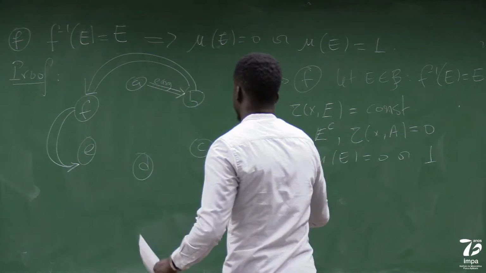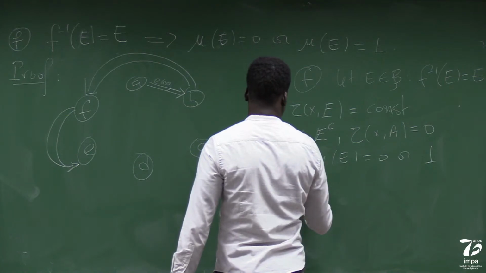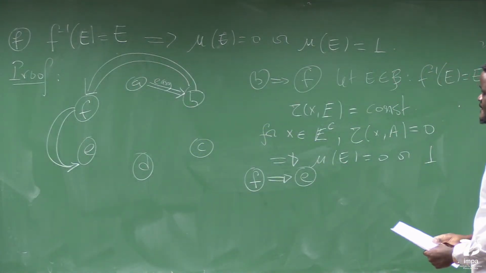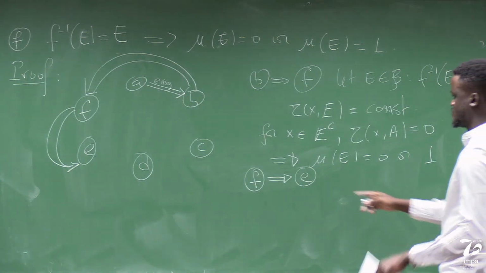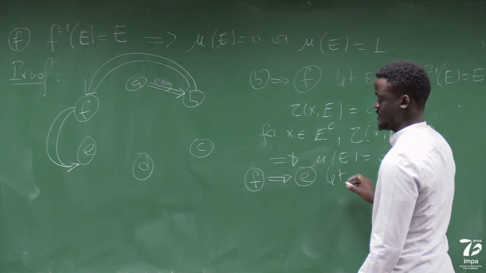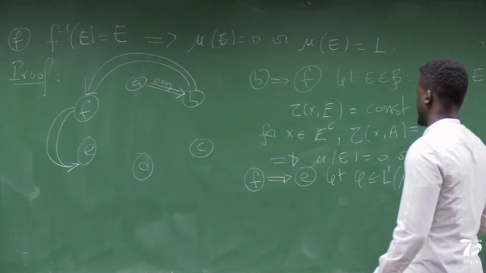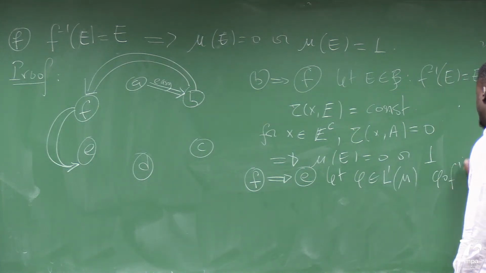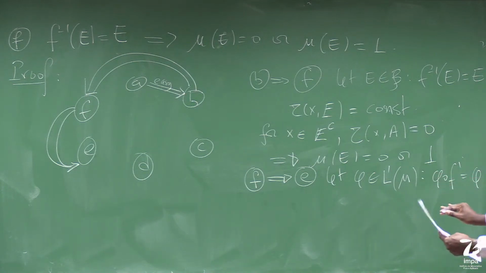Let's see why F implies E. To check E, you take a phi that is in L1 mu, and you suppose that phi is F invariant: phi composed with F equals phi. Now you want to prove that this is constant.